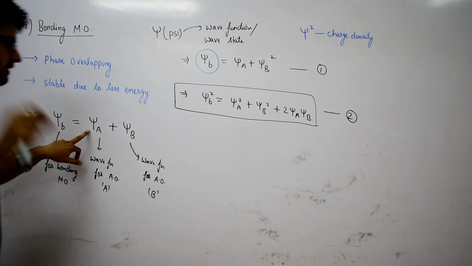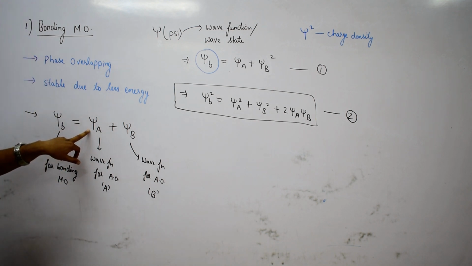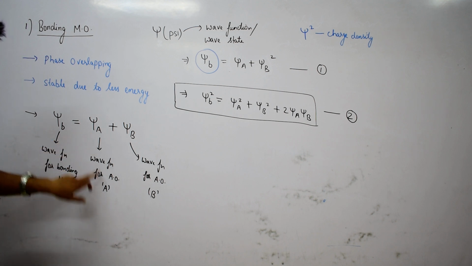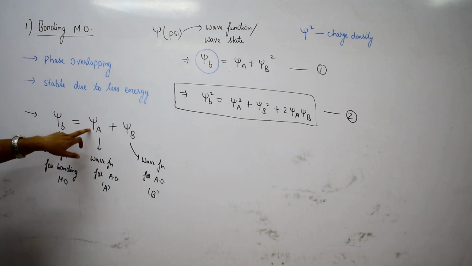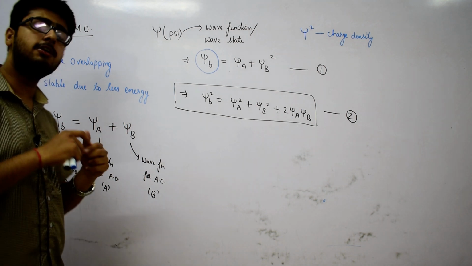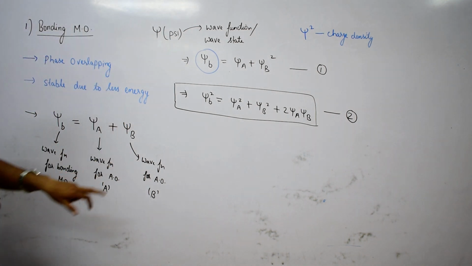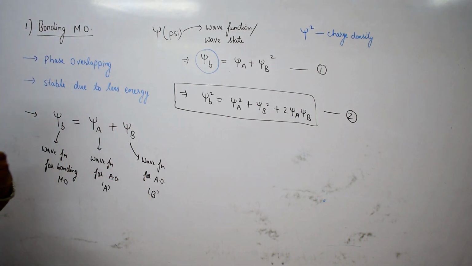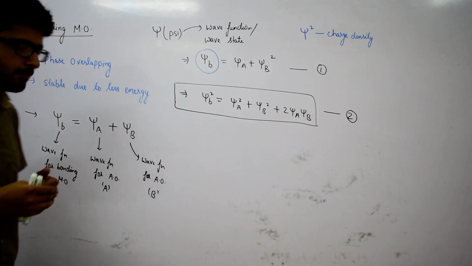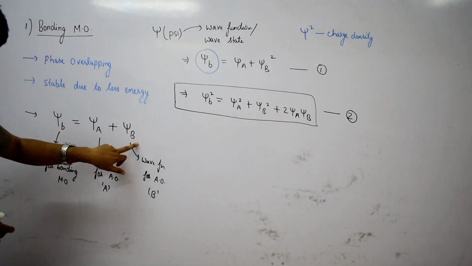Psi a is the wave function for the combining atomic orbital, if it is a, and psi b is the wave function for the next combining atomic orbital, and we are treating it as b.